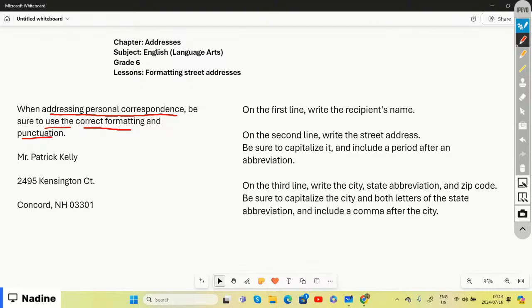Because remember, if we use incorrect punctuation, it might show a misspelling or something missing. We need to show the correct format of the address in order for our address to be correct and for our mail or package not to go missing.